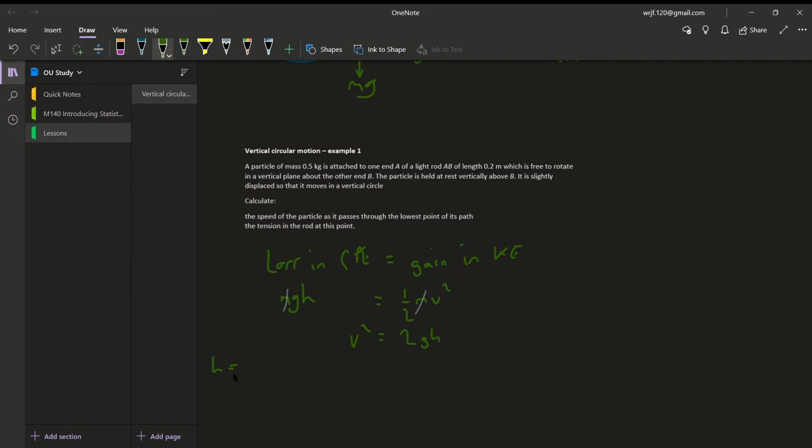B clearly is going to be the centre of the circle. So A is starting 0.2 meters above B, and it's going to end up 0.2 meters below. So we've got a total height change of 0.4 meters. And so we can substitute that into our equation for v squared. v squared is 2g times 0.4.